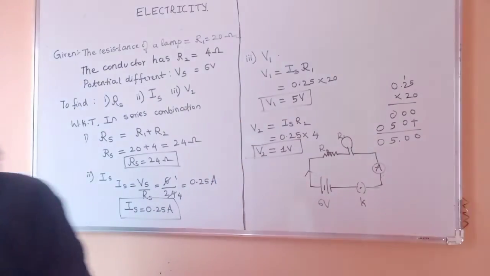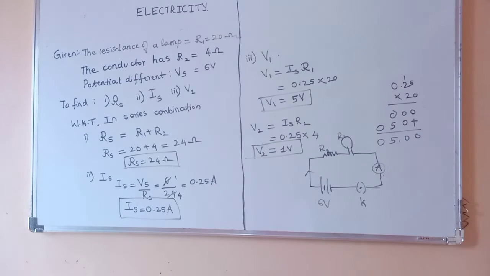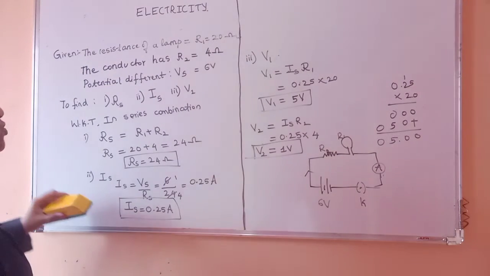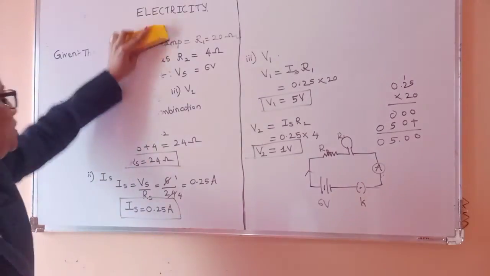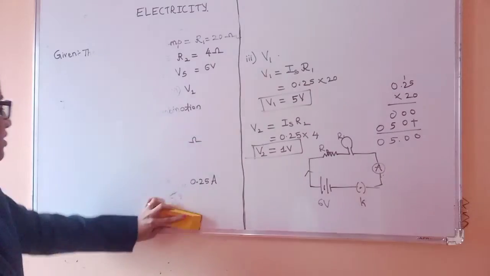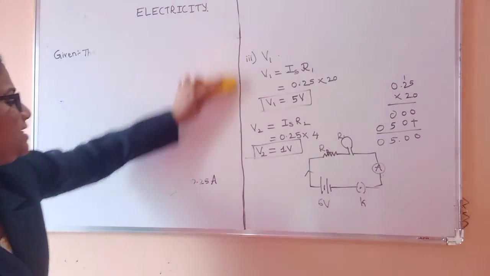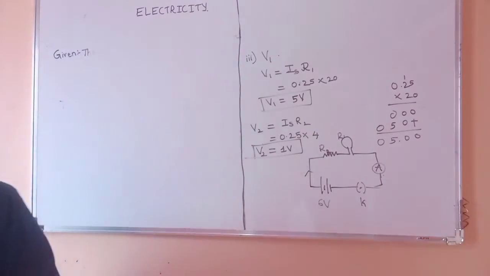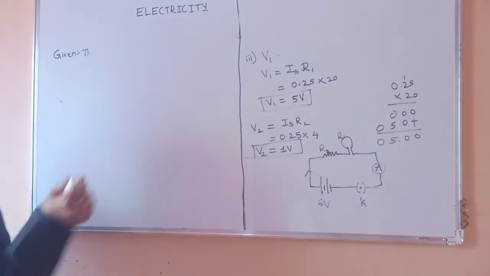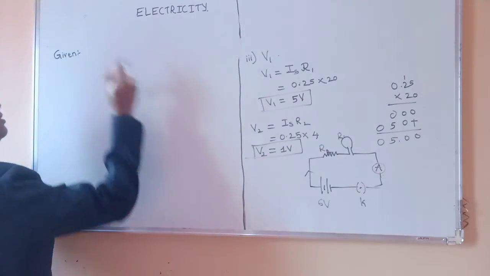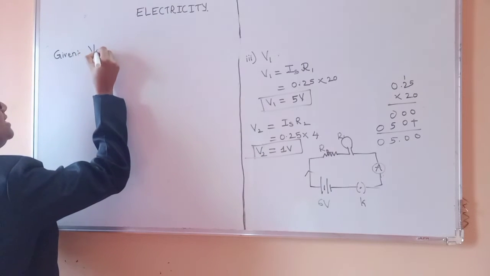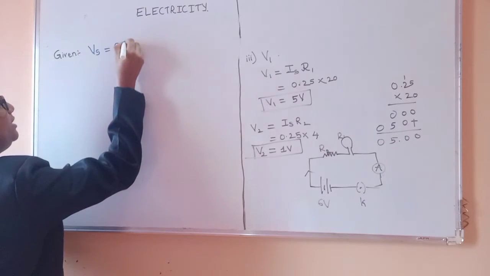Now the next question I selected from the exercise, that is the 9th question. So let us solve it. In the 9th question, a 9 volt battery is connected. Given is Vs, connected in series. Vs is equal to 9 volt.